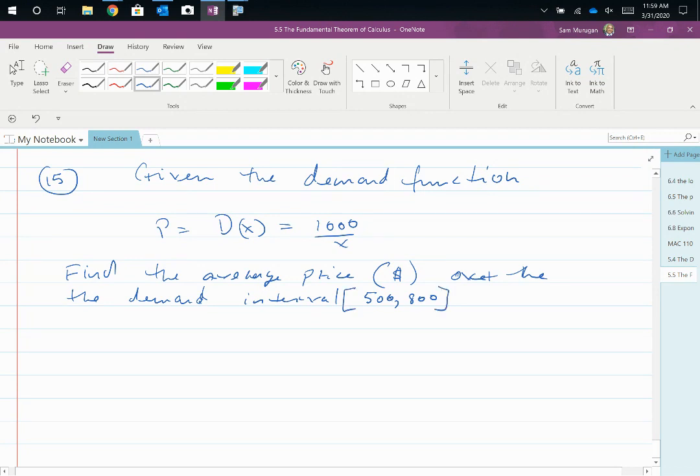So the very first thing you want to do is set up the integral here.